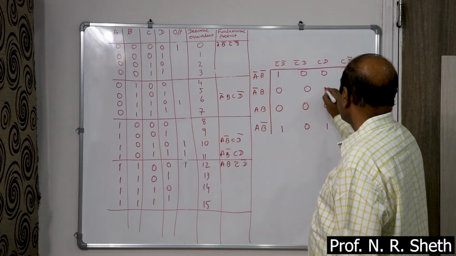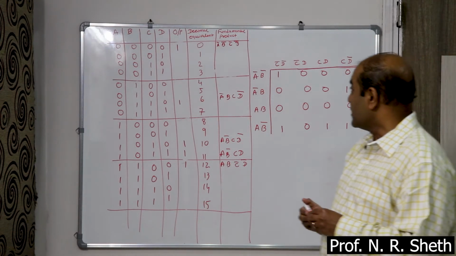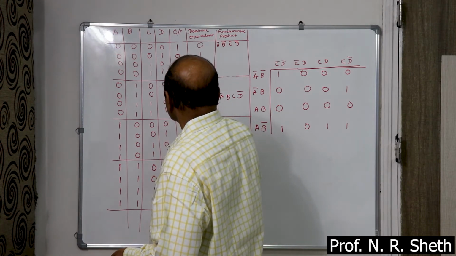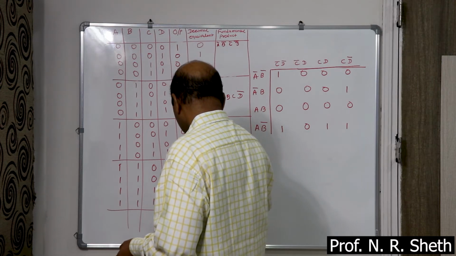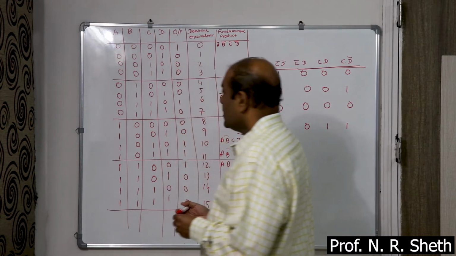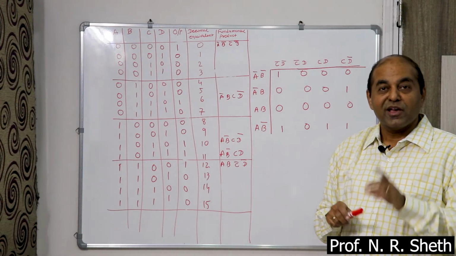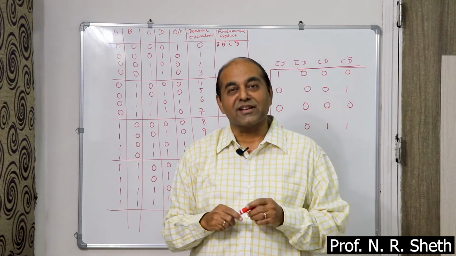This is your K-map. Here you can place zeros for the remaining cases. So this is the entry for the K-map. K-map simplification is left, that we are going to discuss in next lecture.